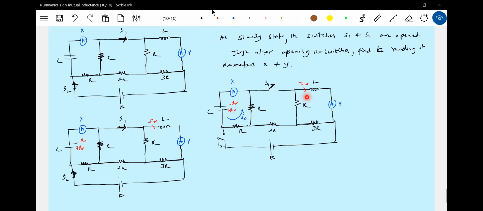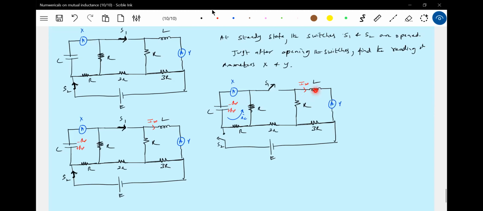Now, what about here? Yes, we know from self-inductance that there won't be EMF to support this current.